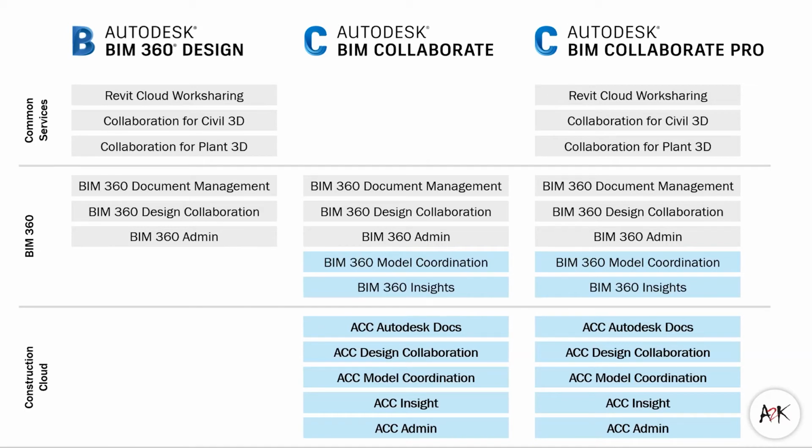So therefore, when coming in at the BIM Collaborate or BIM Collaborate Pro level, you now get access to the old and the new with very similar functionality. However, the development paths will diverge and head down different directions.